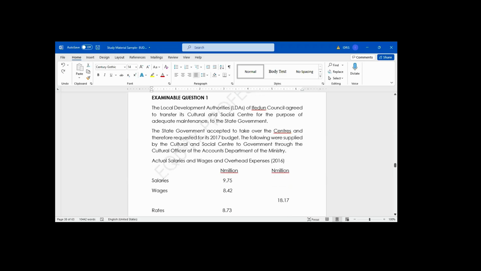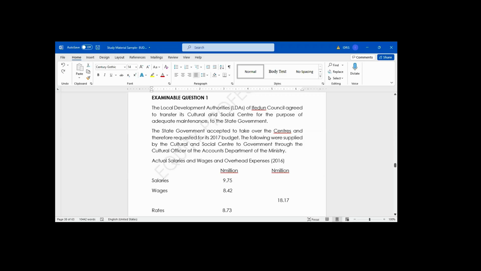The following were supplied by the Cultural and Social Center to government through the cultural officer and the accounts department of the ministry. The actual salaries and wages and overhead expenses for 2016.